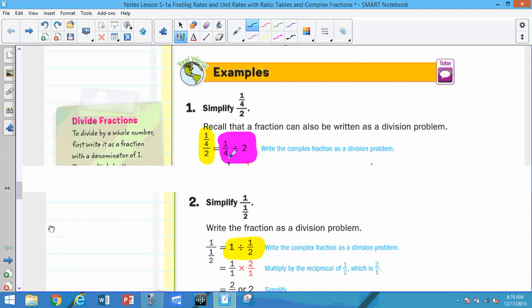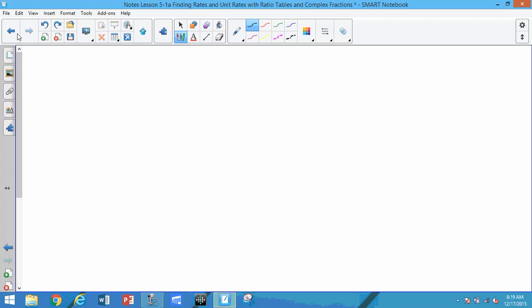So again, like I told you guys before, fractions are never going to go away. You're going to see them all the time. So you have to know how to solve them. You can't just eliminate them, and you have to solve these as fractions because you need to know how to do that.